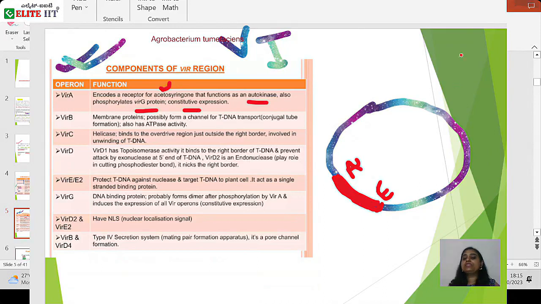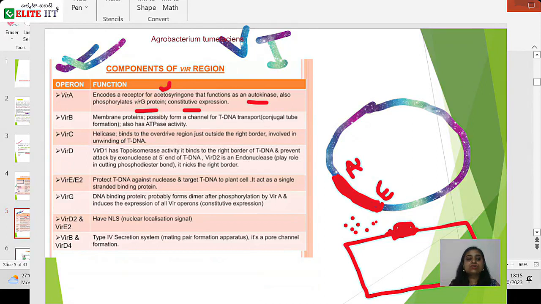Whenever, if you consider this is one plant cell, now whenever any wound is created in the plant cell, what will happen? There will be secretion of a lot of phenolics and a few sugar molecules. Those phenolics will give the signal to VirA.